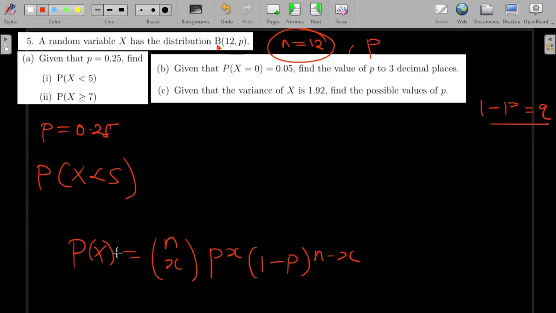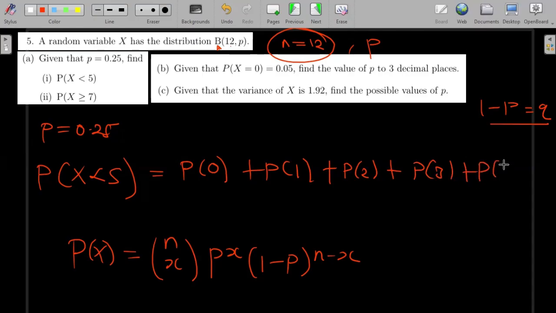If they are asking us to find the probability that x is less than 5, we start from the probability of 0, since the binomial starts from 0, plus the probability of 1 plus the probability of 2 plus the probability of 3 plus the probability of 4. You add all these probabilities, and that gives you the probability that x is less than 5.